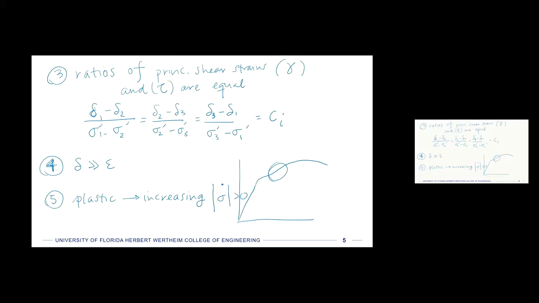If the loads are decreasing, if we are releasing our sample, then we only have elastic deformation. This is the same as we had with our stress strain curves at the beginning. If we have decreasing loads, then we only have elastic deformation, and Hooke's law holds for that.